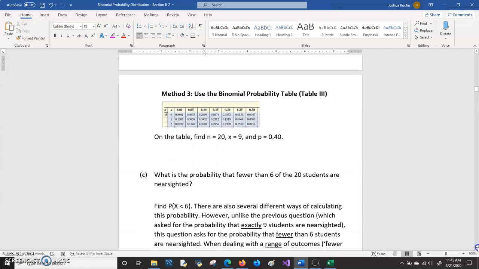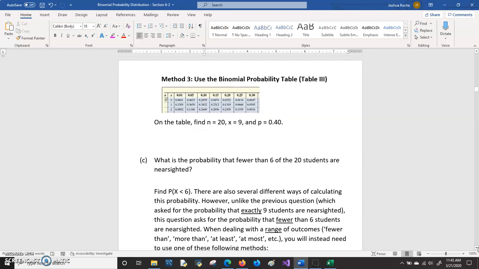So a third method is to use a table. There's a table in the book, and I'll provide a table for when you do the test. And you can go to the table and look up the exact values and get the probability. So we'll do that here.